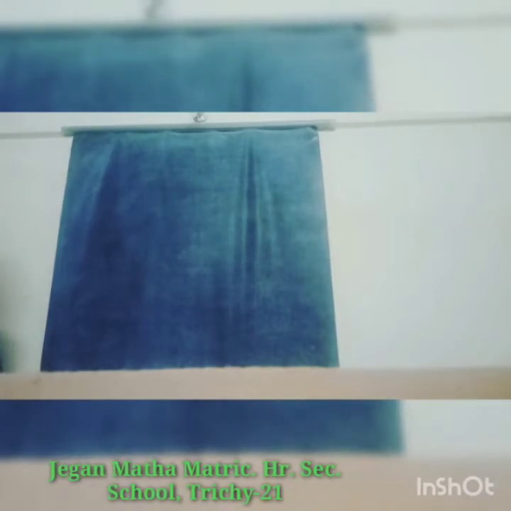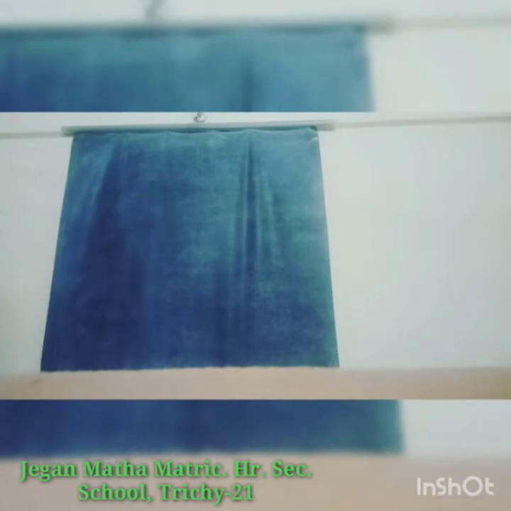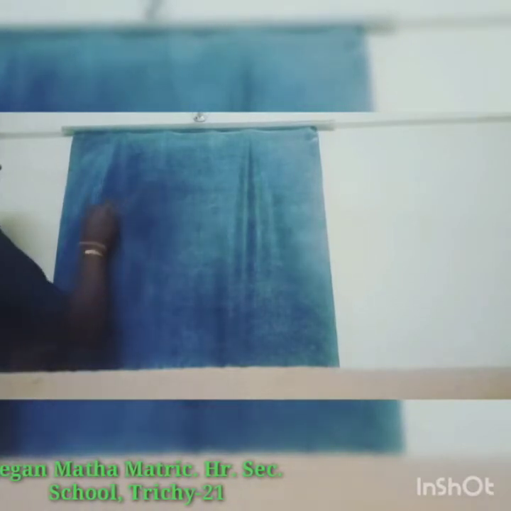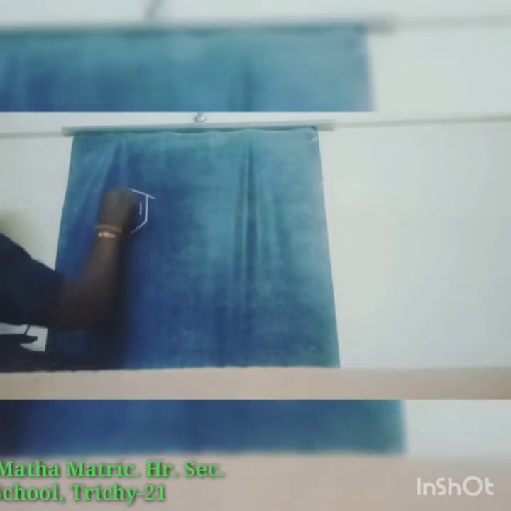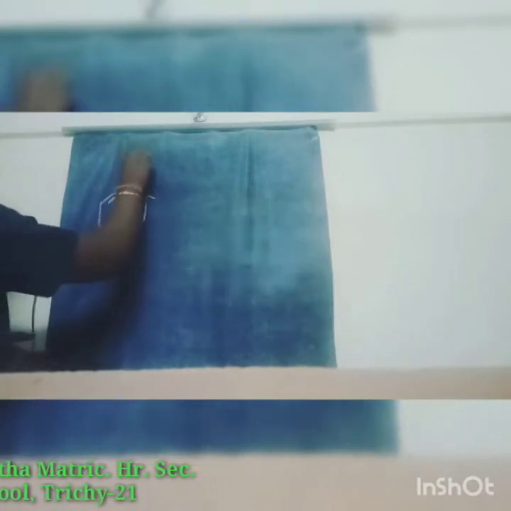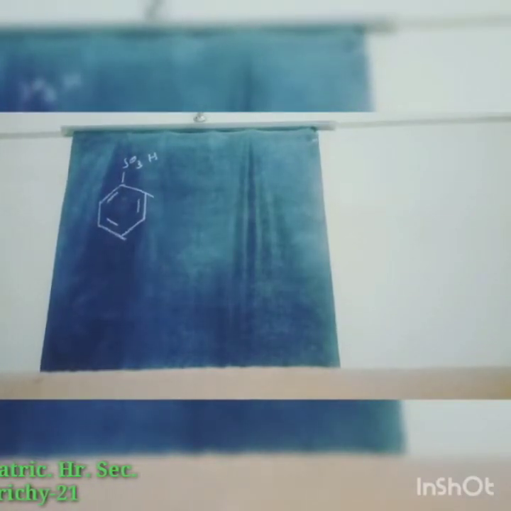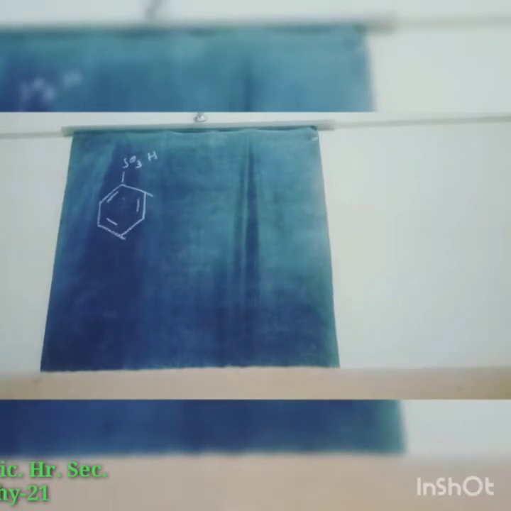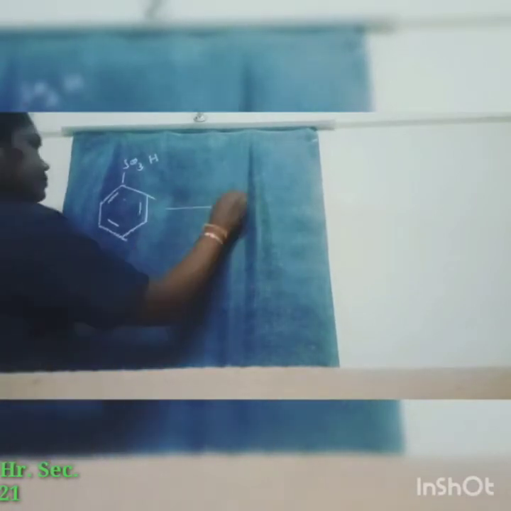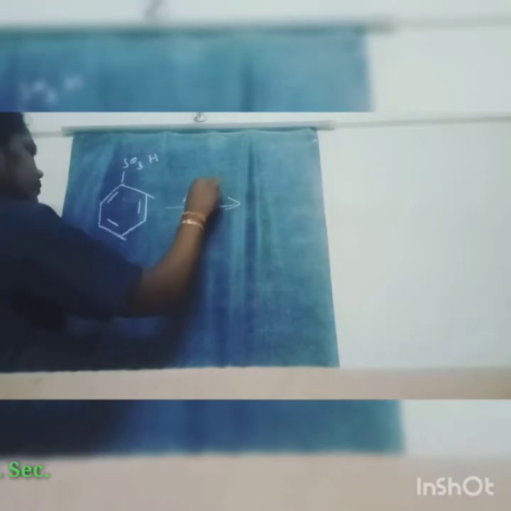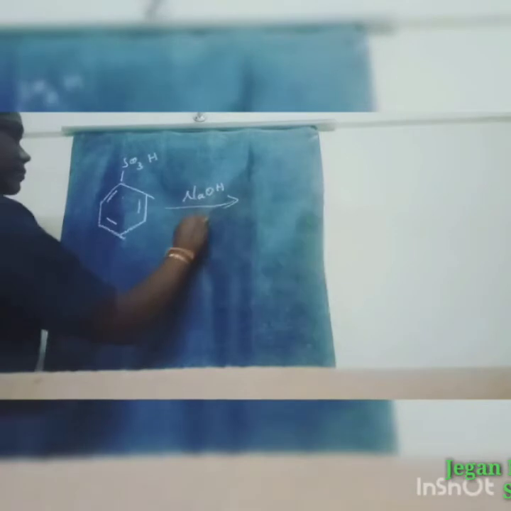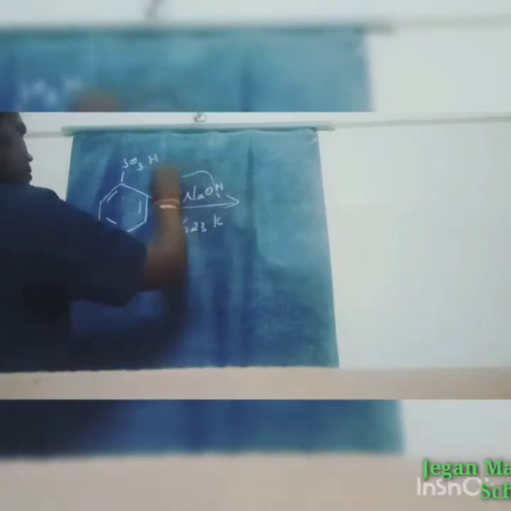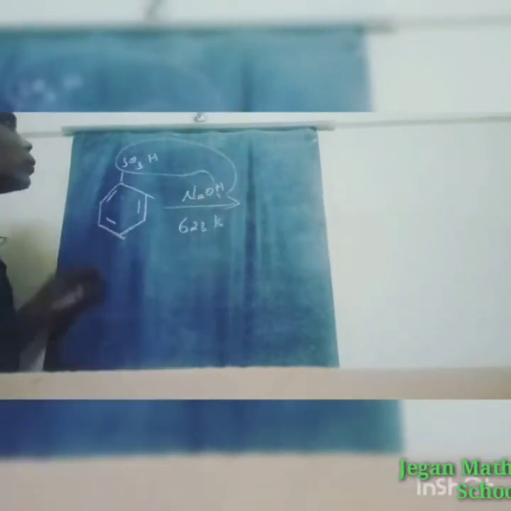So first we take benzene sulfonic acid. This is the benzene structure, and SO3H means sulfonic acid. So benzene sulfonic acid in the presence of sodium hydroxide, that is NaOH, at 623 Kelvin. Here it is removed, and what is remaining?